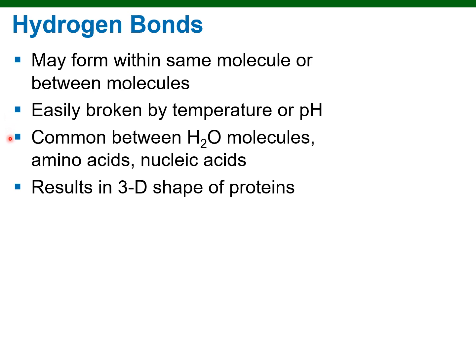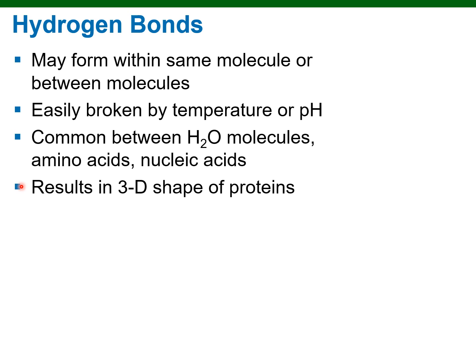And in addition, hydrogen bonds are a key part of orienting amino acids within a protein. Amino acids are building blocks of protein structures, and then nucleic acids can have a building block called nucleotides, and hydrogen bonding can occur there and help to result in the characteristic shape of DNA with its ladder type formation.